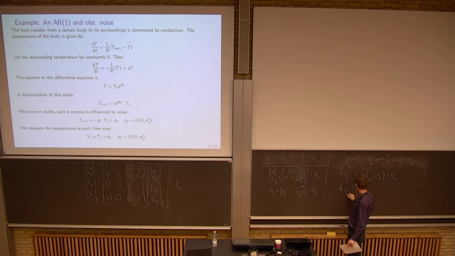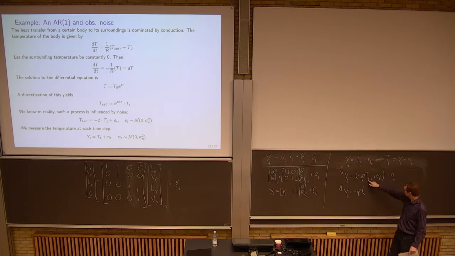So we have yt equals minus phi, and then I have yt minus 1 minus eta t minus 1 from up here. That was that part.